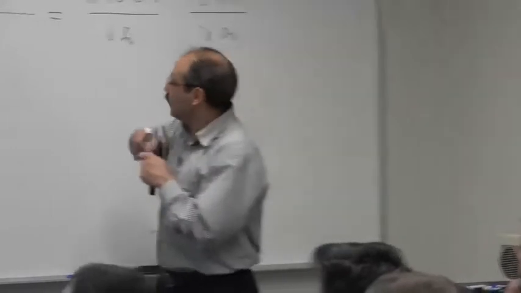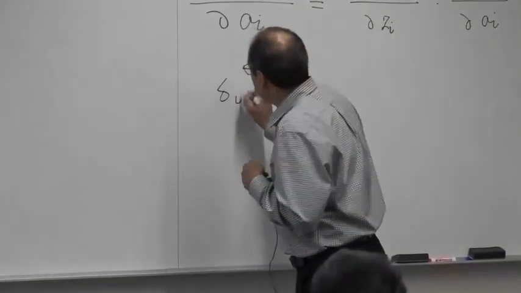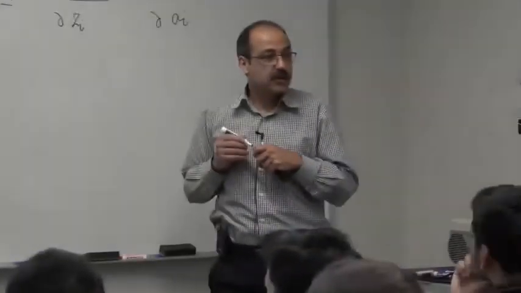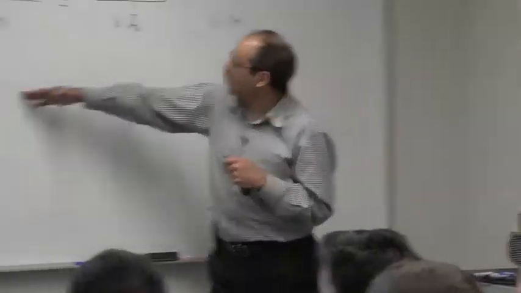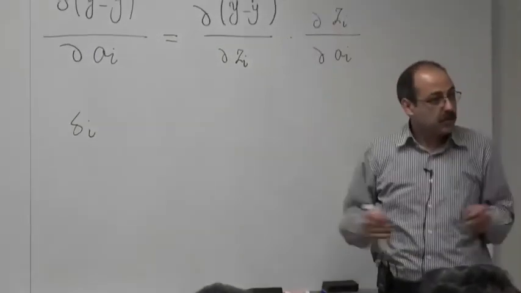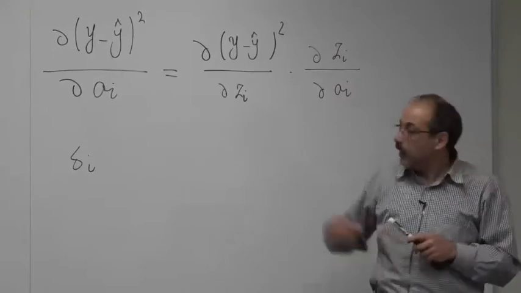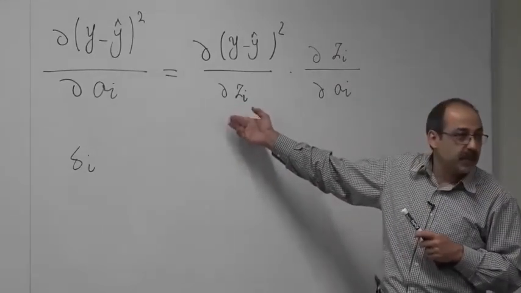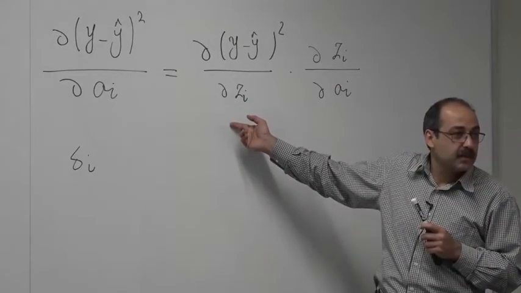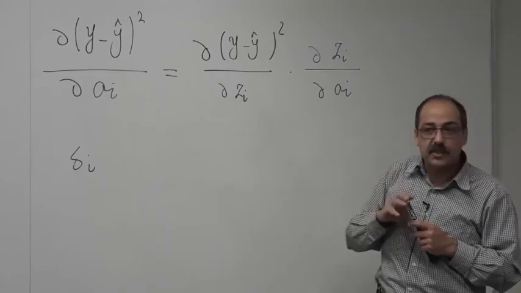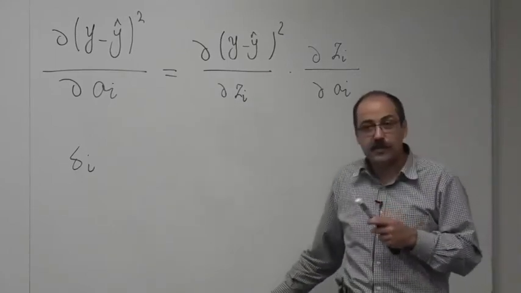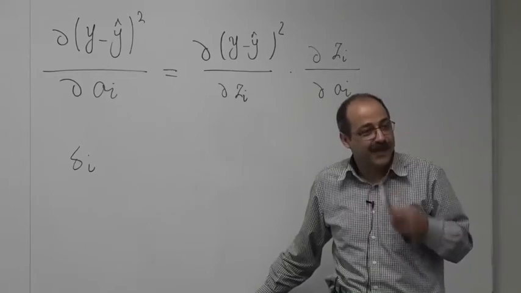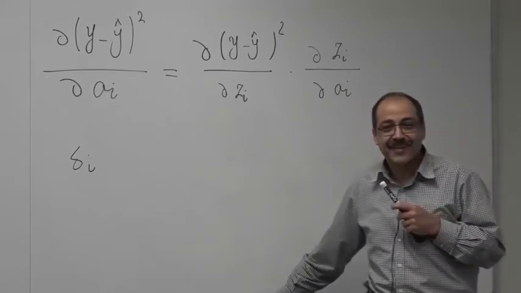So I had a quantity which I called delta_i, which is unknown, but you can compute this unknown quantity based on another unknown quantity. And then I have to do something about this one. Right? But I have a better suggestion, actually. Actually, I don't have the better suggestion. Those who invented backpropagation had a better suggestion.